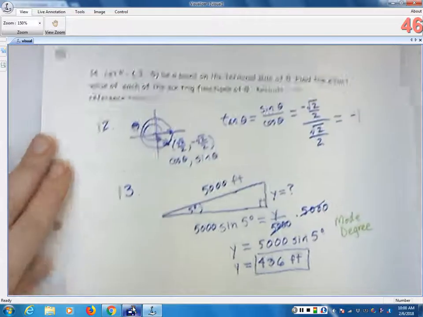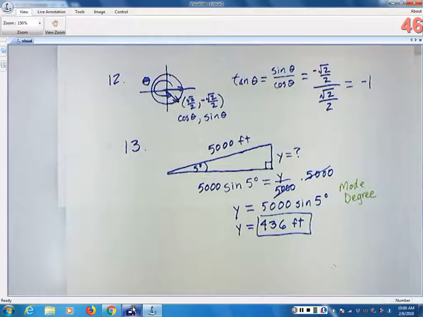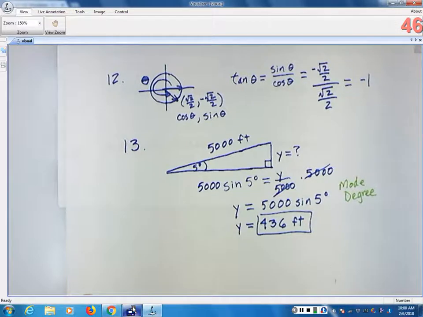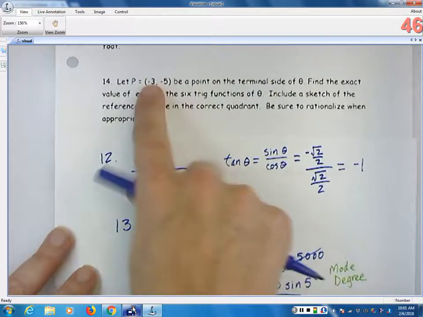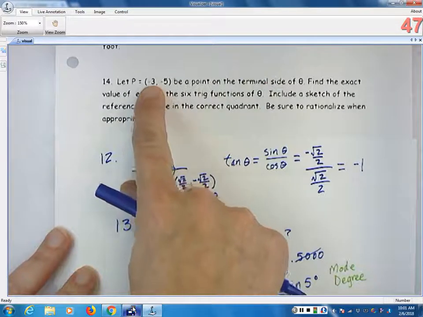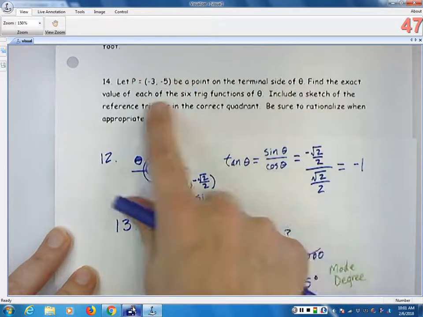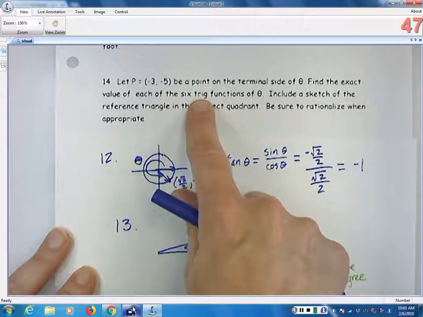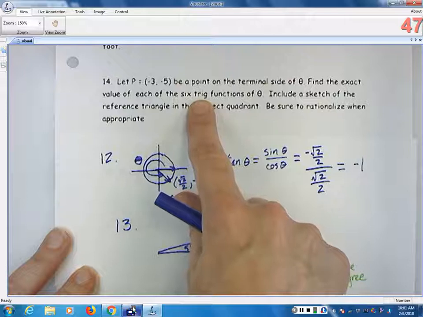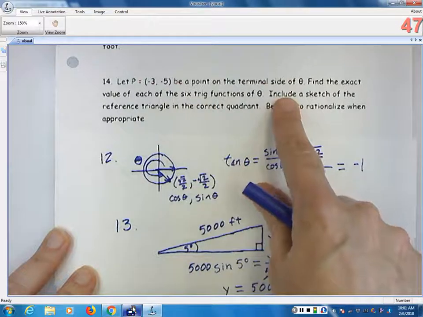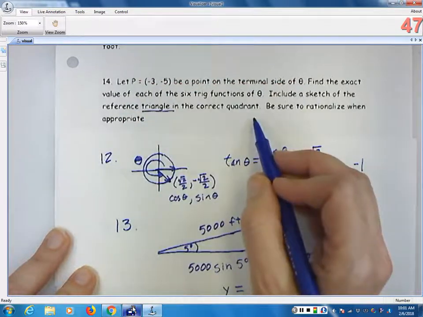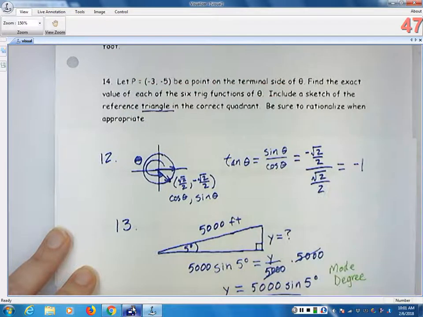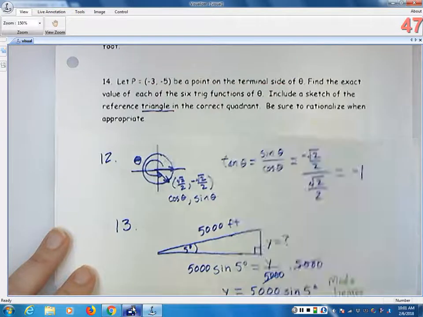All right, 14. So 14 is we're going to have this point be on the terminal side of theta. Find the exact value of each of the six trig functions of theta. Include a sketch of the reference triangle in the correct quadrant and rationalize when appropriate. So we're going to draw a big sketch.